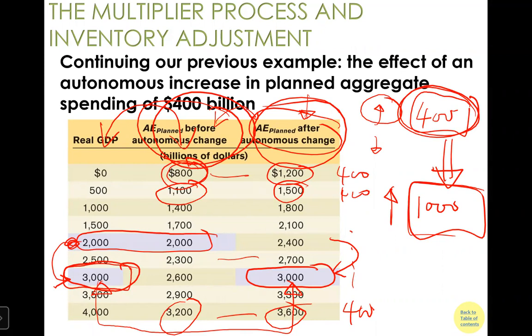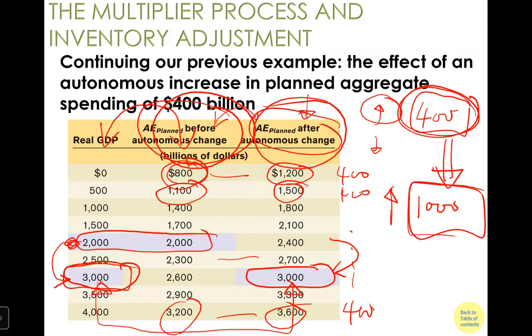So again, repeat. The first question is, what caused the curve to shift up? There are two reasons. One, change in interest rate. Two, change in wealth. Question number two: if the curve shifts up or down, what is the impact on the level of real GDP in equilibrium?